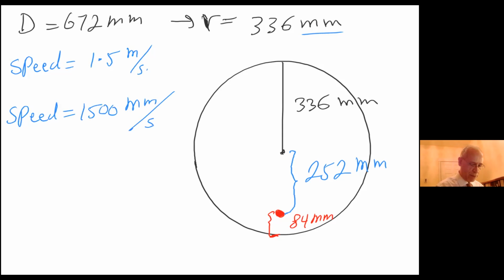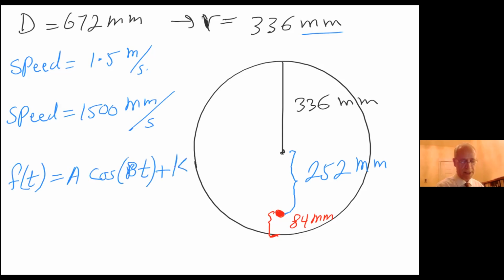And so let's use f as a function of time equals some a cosine of bt plus, I think your textbook called this k. Some textbooks write c, it doesn't matter. So what is this A? That's amplitude, or let's say vertical stretch.